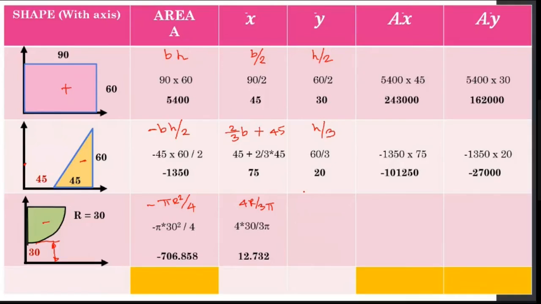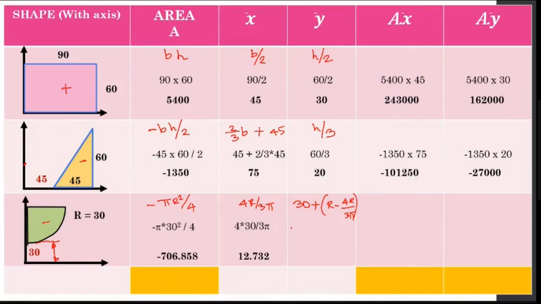Sorry, I think I made a mistake here, right? So what is your y bar here? Your y bar is plus 30 plus r minus 4r by 3 pi. So I'll get the values accordingly.